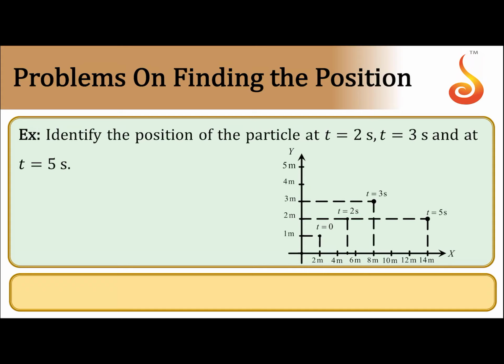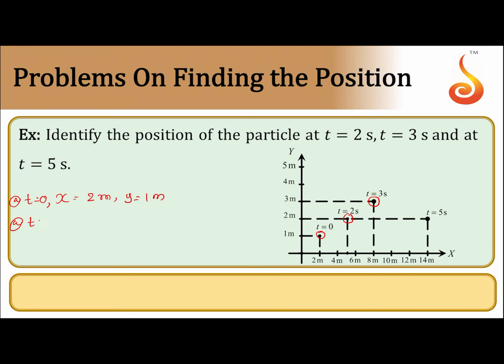If you look at the positions, this is the position at t equal to 0, this is the position at t equal to 2 seconds, and this is the position at t equal to 3 seconds. So, if you look at the data carefully, at t equal to 0, x is equal to 2 meters and y is equal to 1 meter.